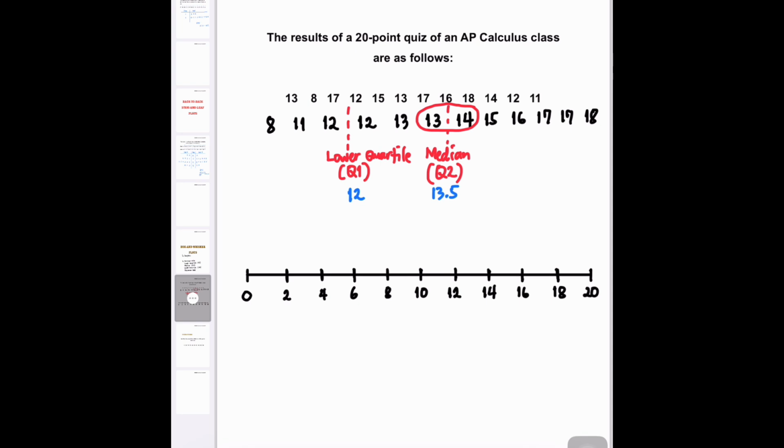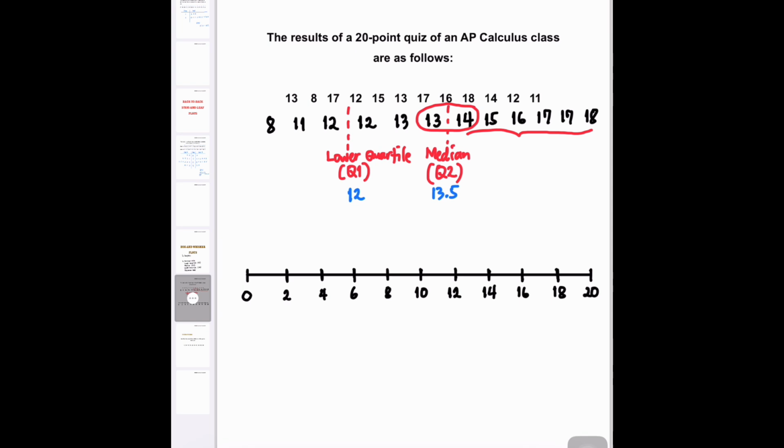All right, so on to the next is the upper quartile. Same concept as how the lower quartile is obtained. So the upper quartile is the median of the data set, or the group of numbers, to the right of the median. So for this example, we have this group of data values to the right of the median. So we will get the median of that group.